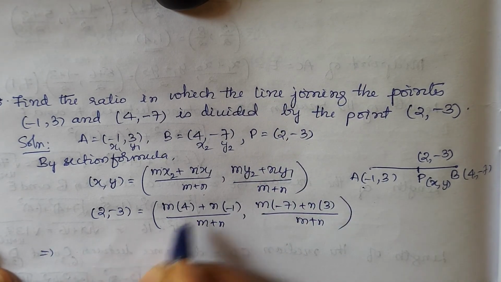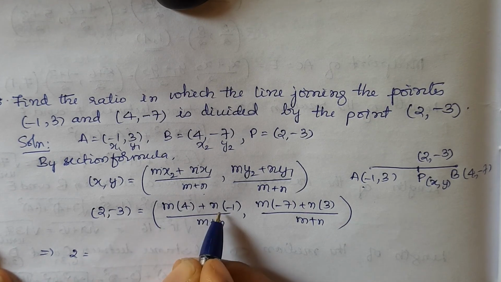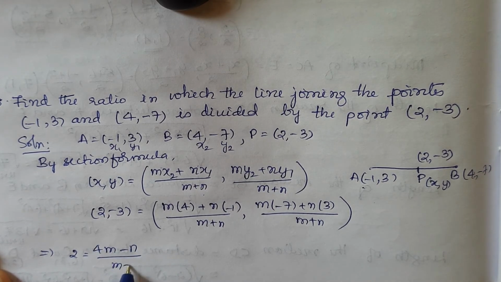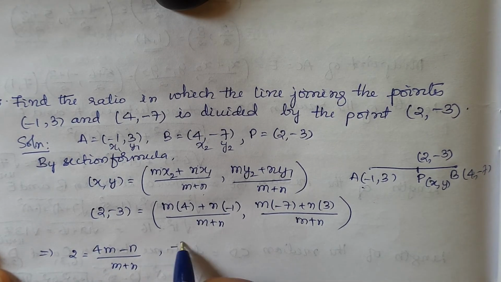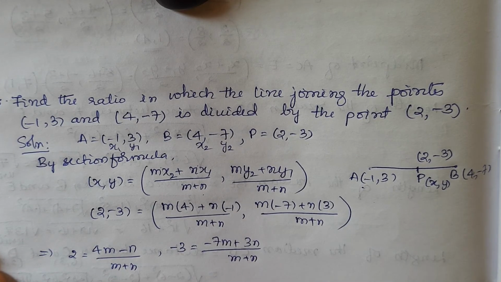So from here, the first coordinate equals the first coordinate: 2 = (4m - n)/(m + n). The second coordinate: -3 = (-7m + 3n)/(m + n).